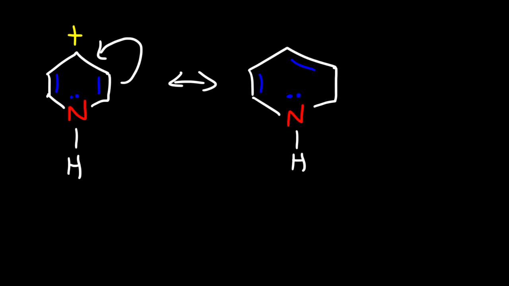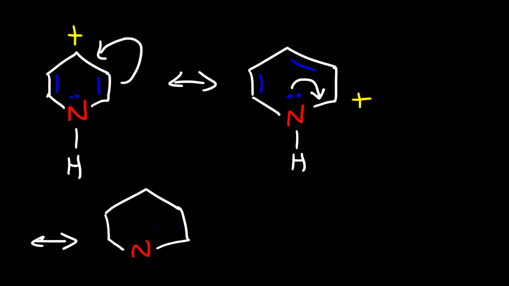Right now I have a positive charge on this carbon. Now I can take a lone pair and form a double bond here. And this will give me basically the protonated form of a pyridine ring. Notice that the positive charge is now on the nitrogen atom.